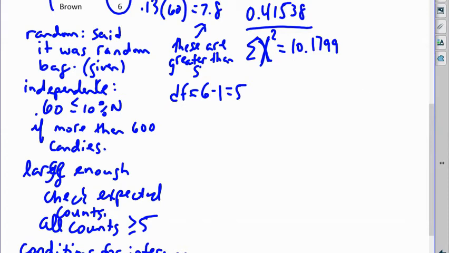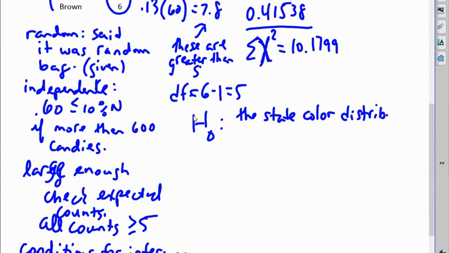Oh, whoops, we never wrote our null and alternate hypotheses. That's not so good. Well, let's write those right now. My null hypothesis is that the stated color distributions for Mars candies is correct.